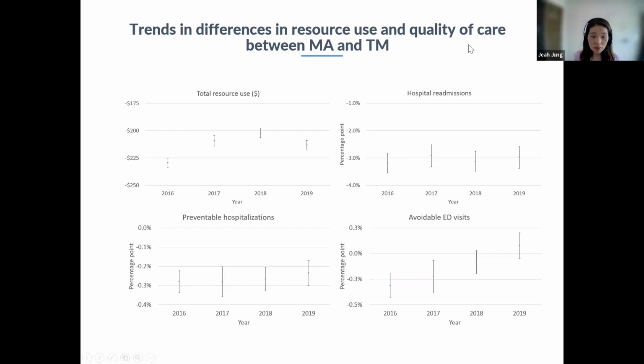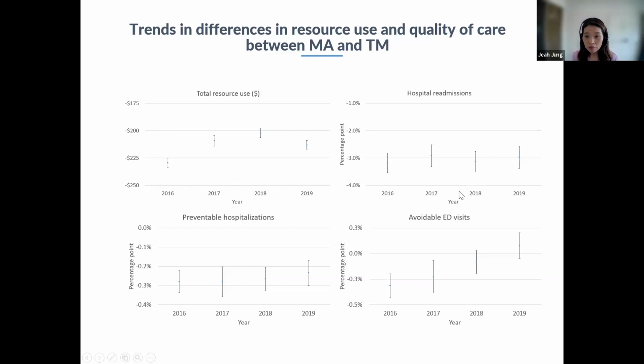The reduction in cost in MA became a little smaller in 2017 and a bit smaller in 2018, and then it flattened out. So we can still say that total resource use was lower in MA than in TM, but the gap in resource use between MA and TM shrank somewhat, a moderate decrease in the gap over time.